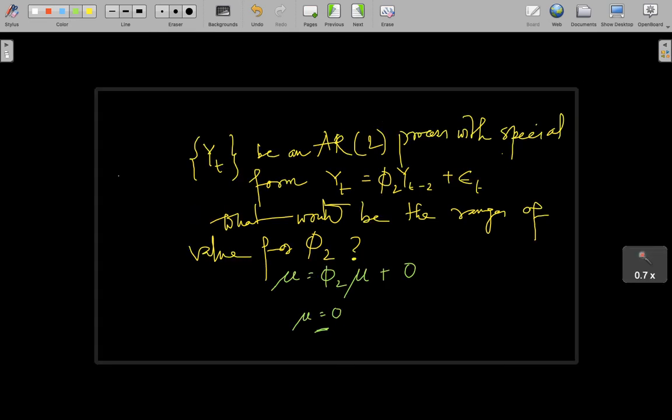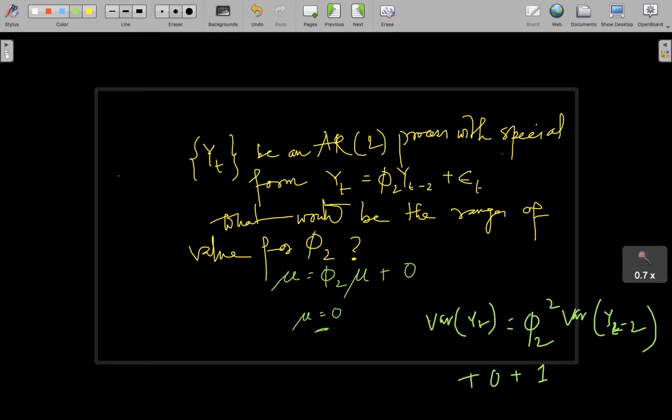Now if I take variance on both sides, variance of y_t equal to phi 2 square variance of y_{t-2}, then there will be a covariance term which is going to be 0 because my error term is IID, and then I have the variance of the error term, and here I can write sigma square or I can write 1 depending on how I have chosen my variance of the error term to be.